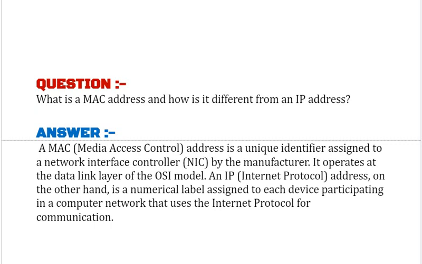It operates at the data link layer of the OSI model. An IP, that is Internet Protocol Address, on the other hand, is a numerical label assigned to each device participating in a computer network that uses the Internet Protocol for communication.